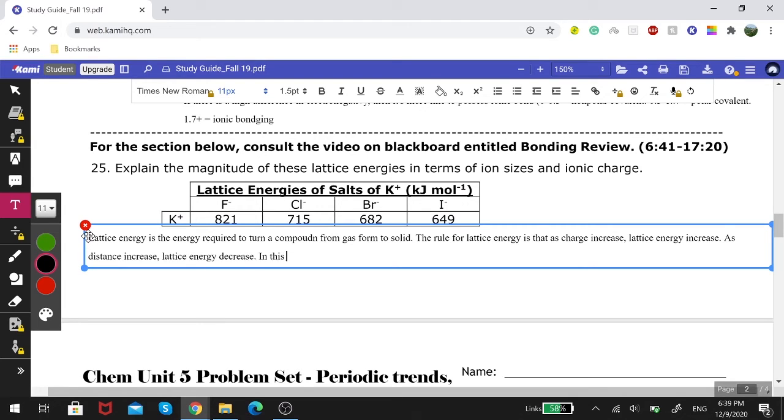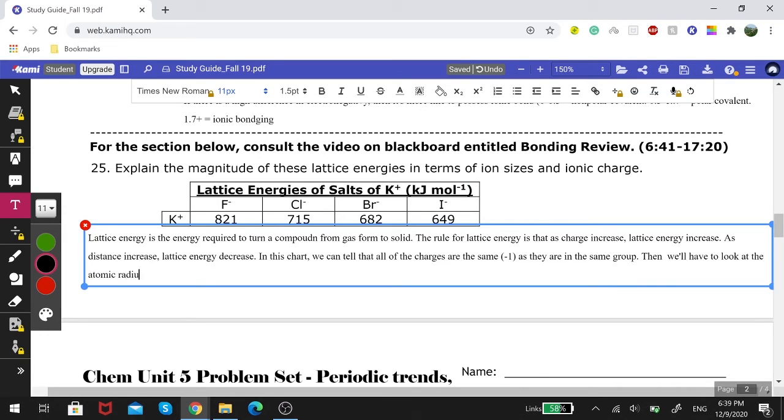increases, lattice energy decreases. In this chart, we can tell that all of the charges are the same, which is 1 minus and 1 plus from the K. Alright, and it's obviously shown right here. So as they're in the same group, then we'll have to take a look at the atomic radius.